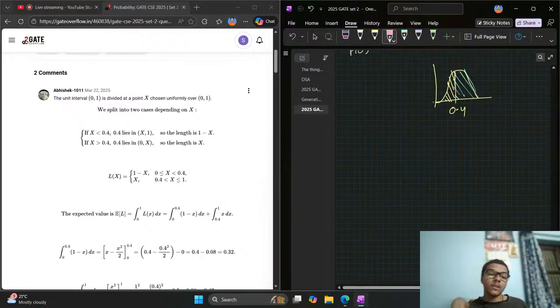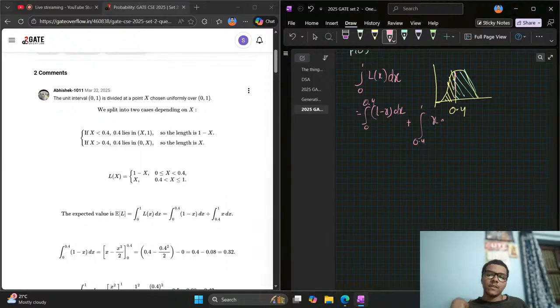So the integral from 0 to 1 of L(x) dx is this part plus that part: the integral from 0 to 0.4 of (1 minus x) dx plus the integral from 0.4 to 1 of x dx.